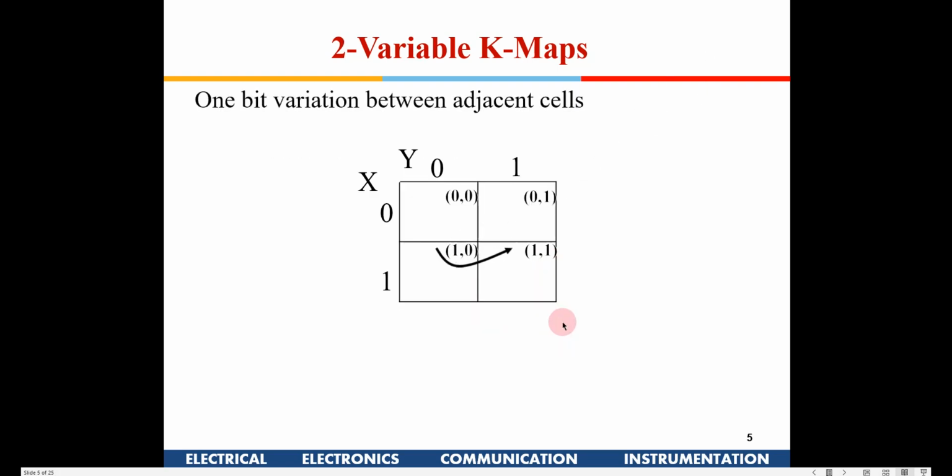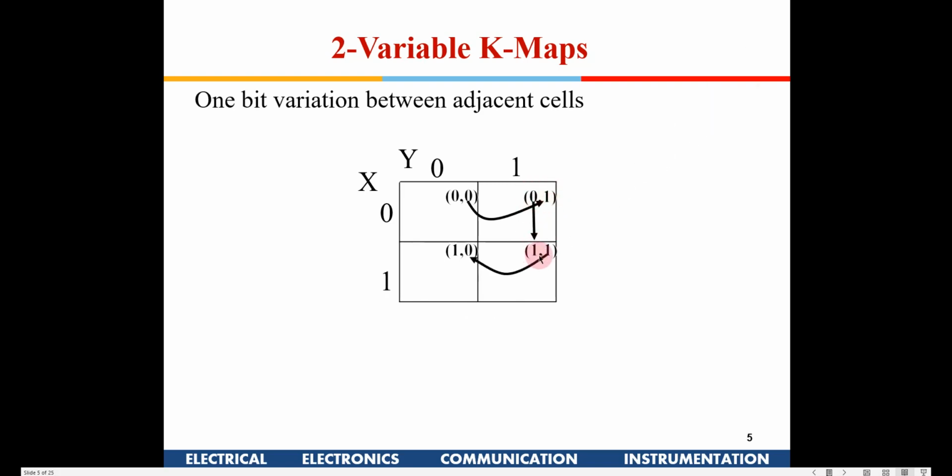Now if you see one more particular property of this KMap, when you are moving from here to here, only one variable is changing, right? This 0 is changing from 0 to 1, and the other remains constant. And if I am moving from here to here also, this 1 remains constant, only 0 and 1 is changing.